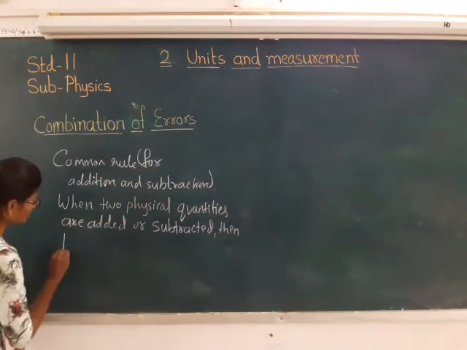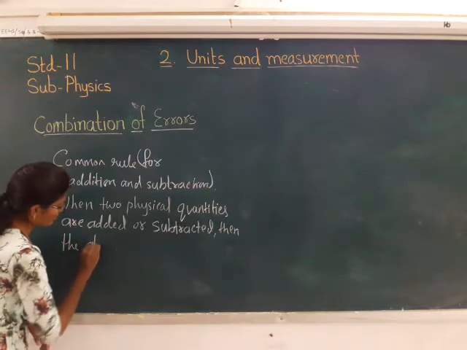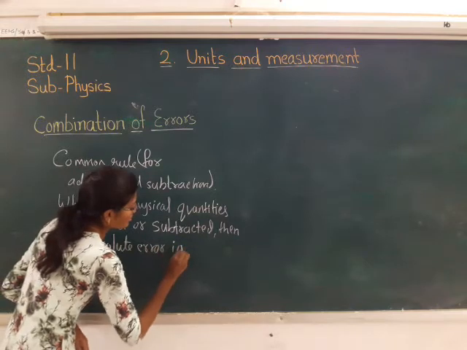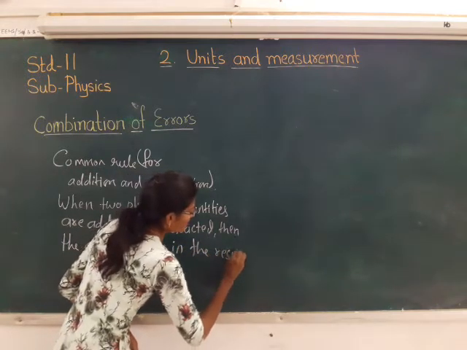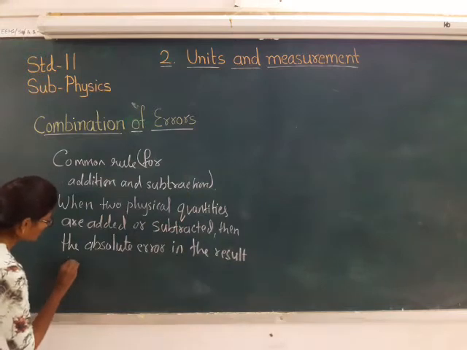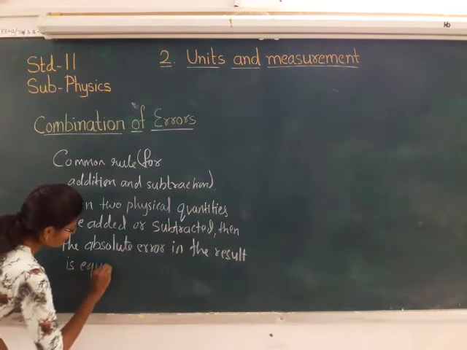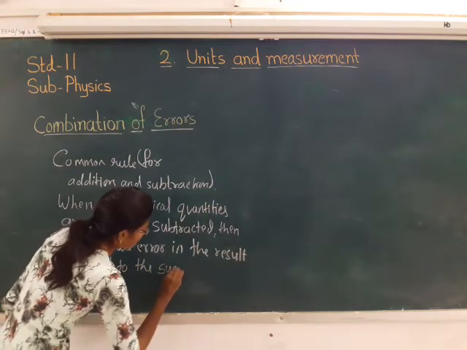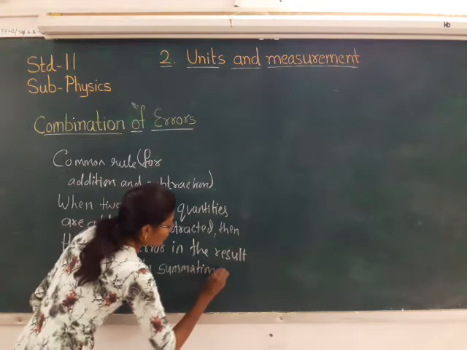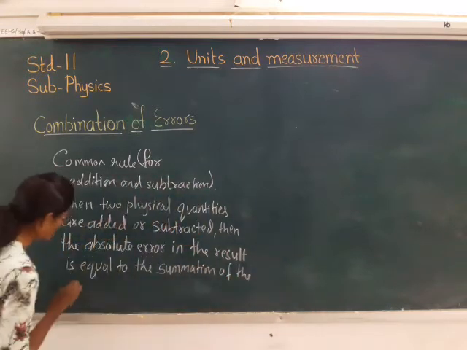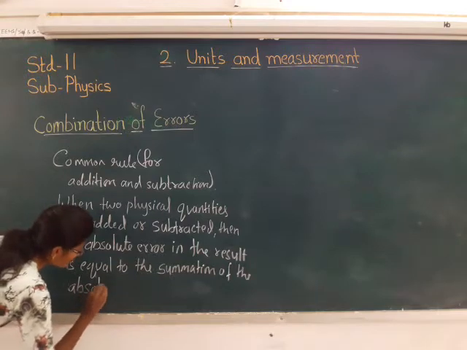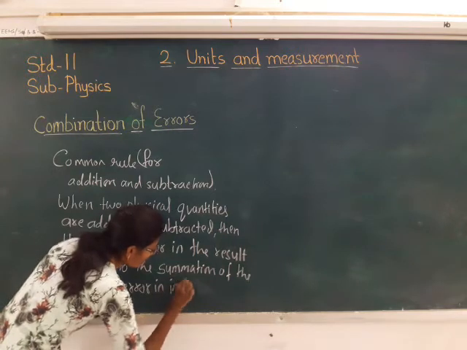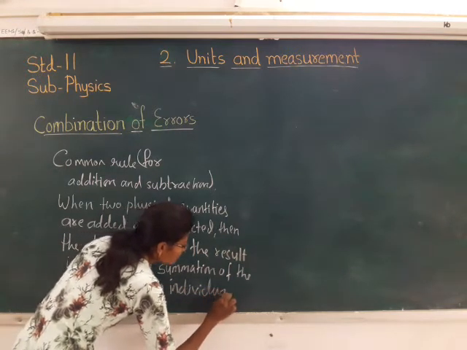then the absolute error in the result is equal to the summation of the absolute error in individual quantities.